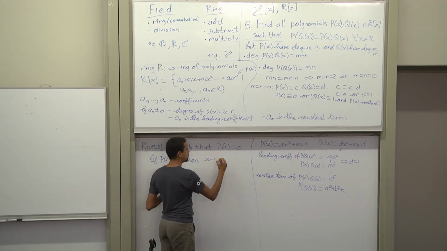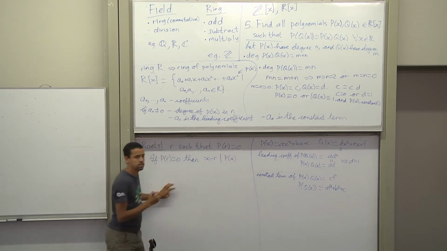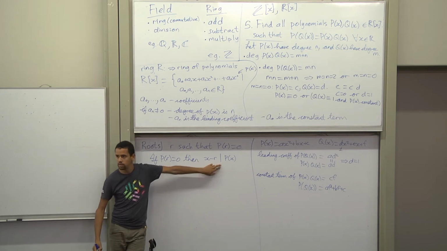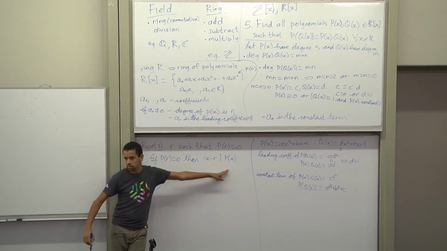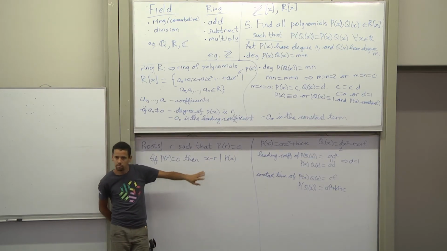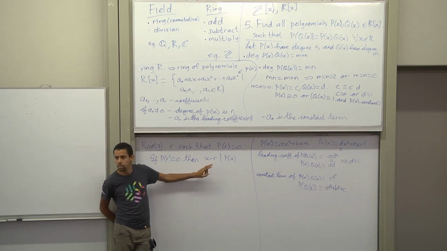X minus r is a factor of the polynomial p of x. Using the same notation divides here as you would use in number theory by saying one number divides another number. The reason I'm doing that is because the integers, in terms of the way number theory works with one number dividing another one, it works very much the same with polynomials.